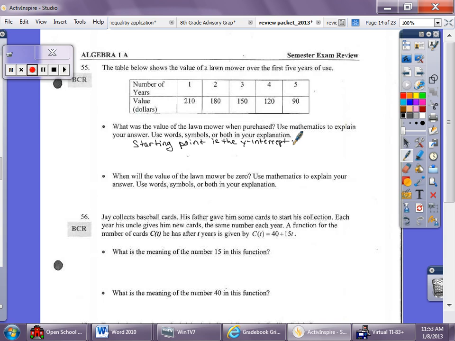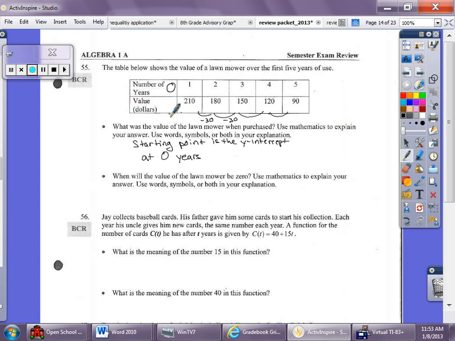If we look at our table and we just extend it, at 1 year the value was 210. If I want to go to 0 years, or start with the y-intercept, we notice that the value is going down by 30. So it's going minus 30, minus 30.